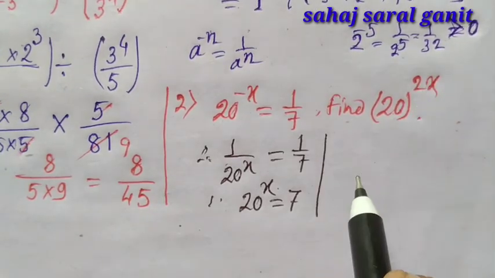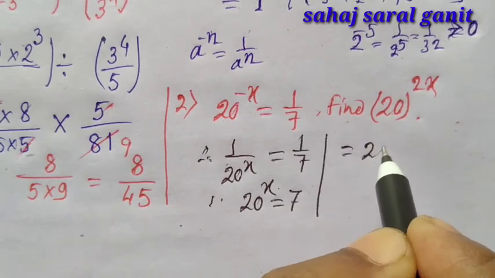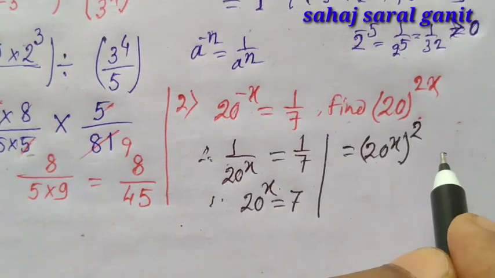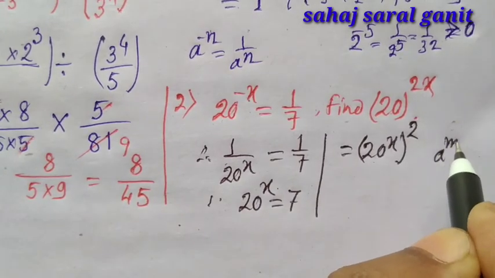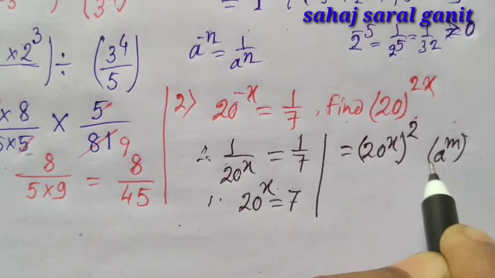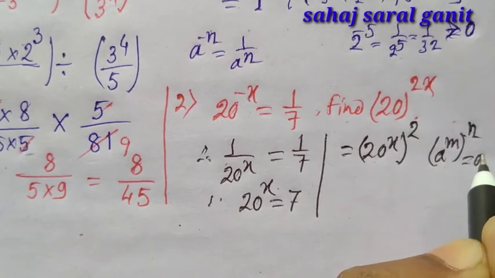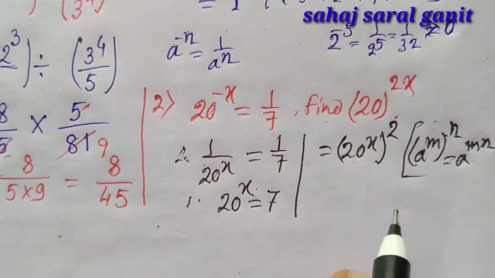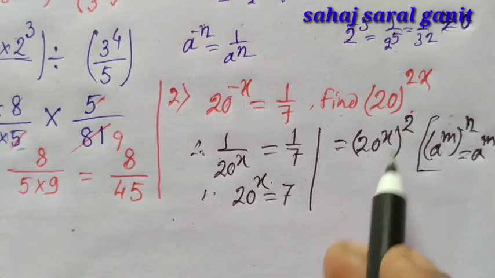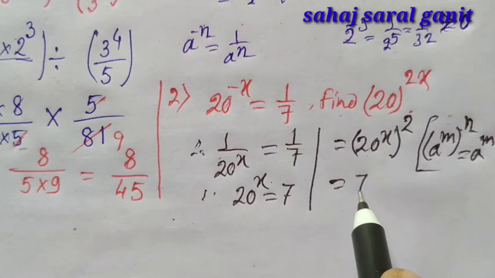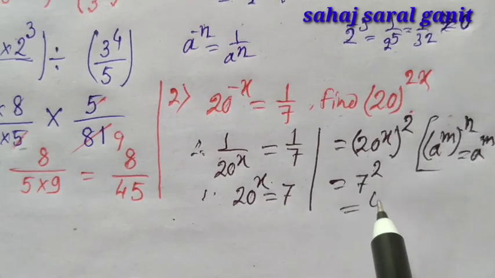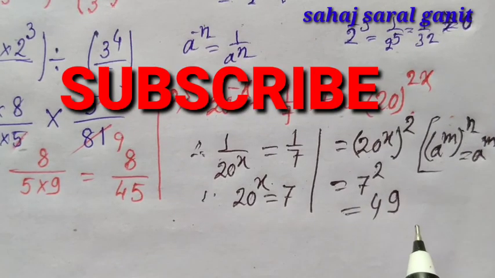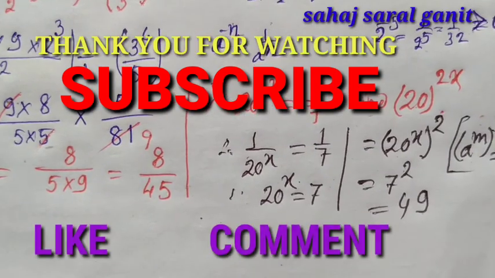Now 20 to the power 2x is equal to 20 to the power x whole to the power 2, as we know a to the power m whole to the power n is equivalent to a to the power mn. Applying this rule, we have 20 to the power x whole square, that is 7 square, which is equal to 49. Therefore the value of 20 to the power 2x is equal to 49.